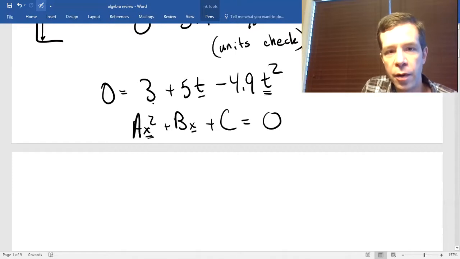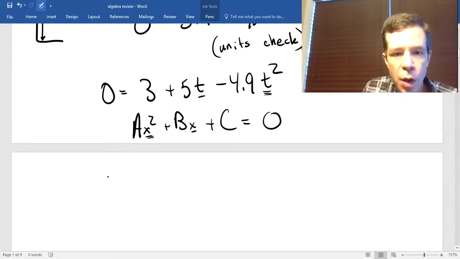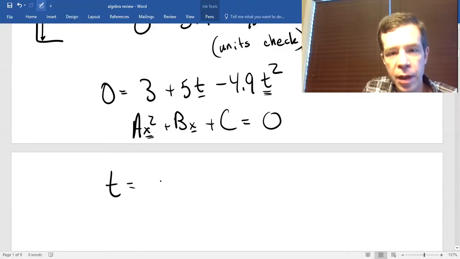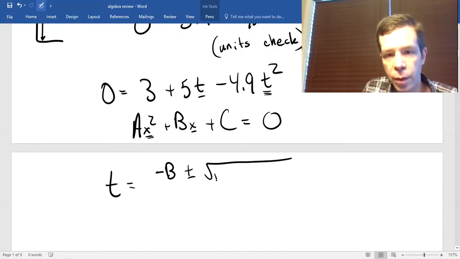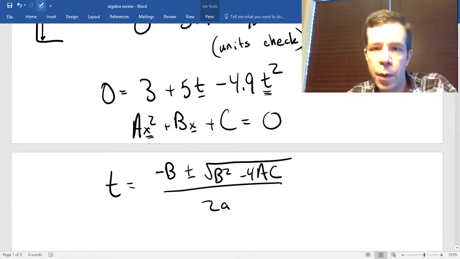And then your constant term is the c. So when we write our quadratic formula, our variable is t in this case, not x. So we have t is equal to negative b plus or minus the square root b squared minus 4ac all over 2a.